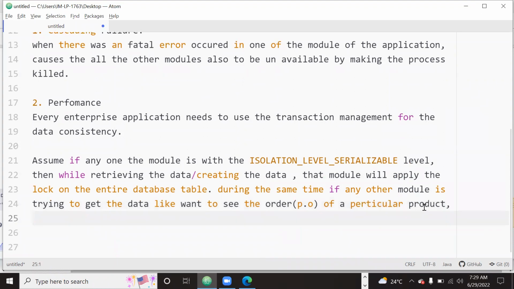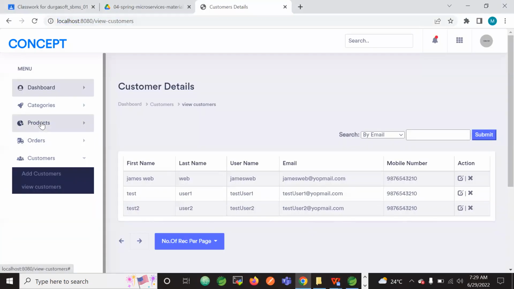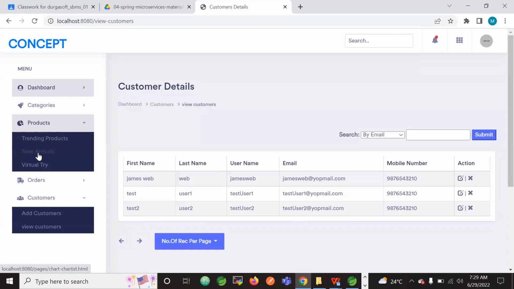What did you understand now? When we click on the product, our application is like this. When we click on the products, for example, we have the new arrivals, the trending products, and the virtual try, and also the products will be there. Actually this module is not implemented, but if you click on the products it will display like this.